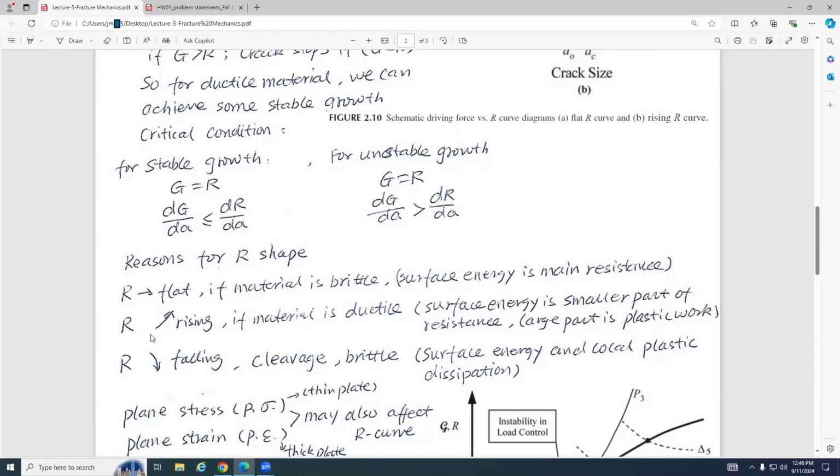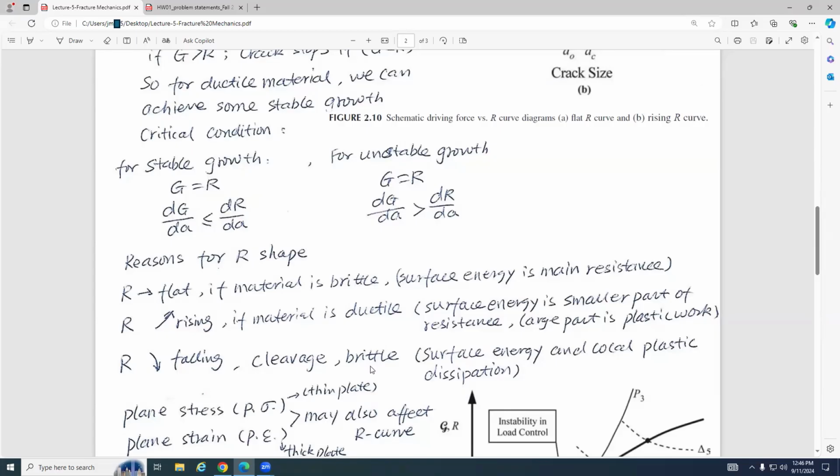That means as the crack grows, plastic deformation occurs in front of the crack tip. As a result, for further crack growth, you must dissipate more energy to overcome the existing plastic deformation area. So in this case, R is growing.